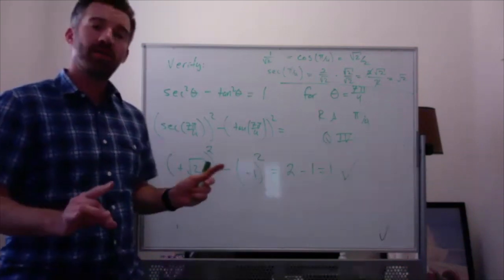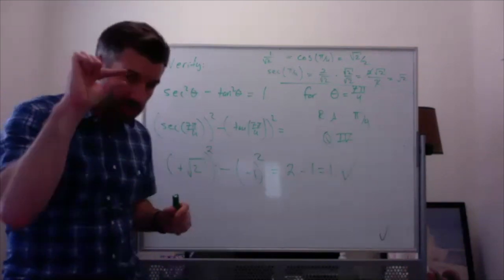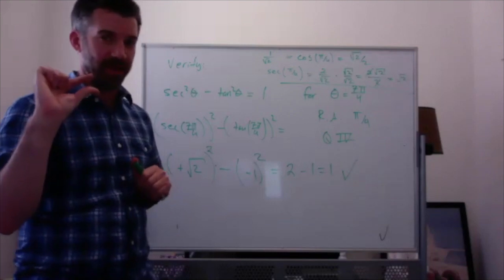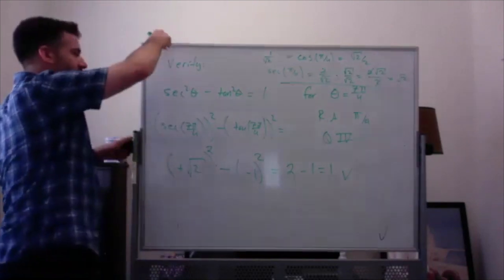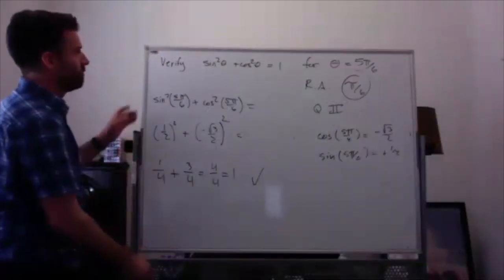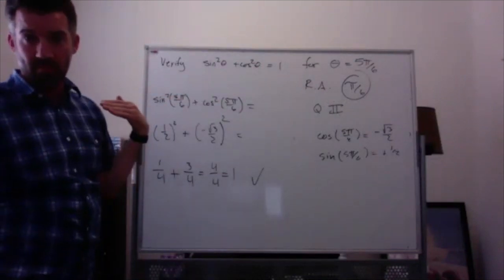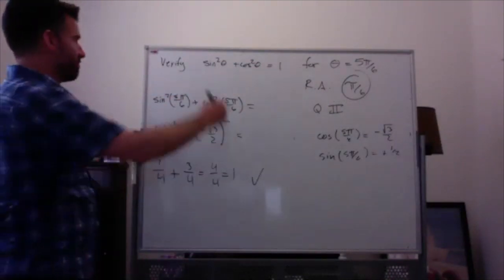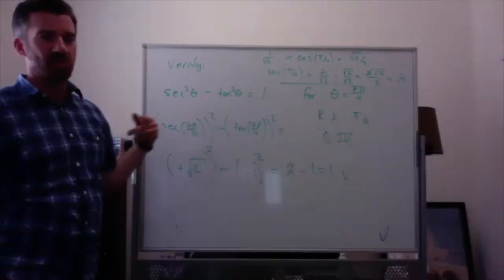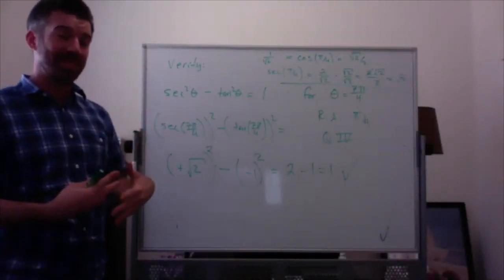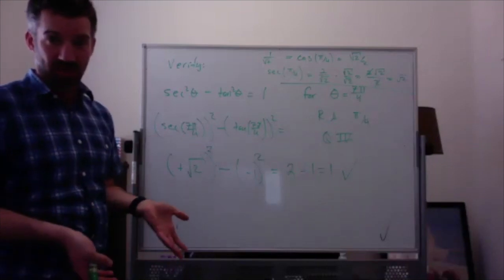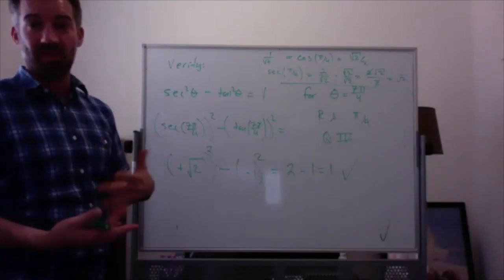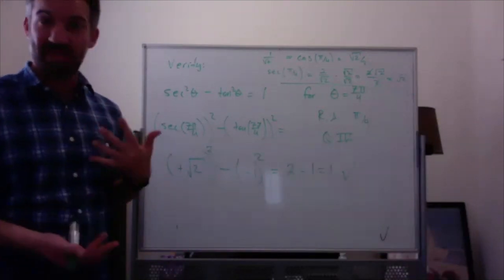And again, these identities should be true for any angle we pick. Well, small little caveat here. This identity is true for any angle that you can take the secant or tangent of. But there are some angles that you can't take the secant or tangent of because they're undefined.